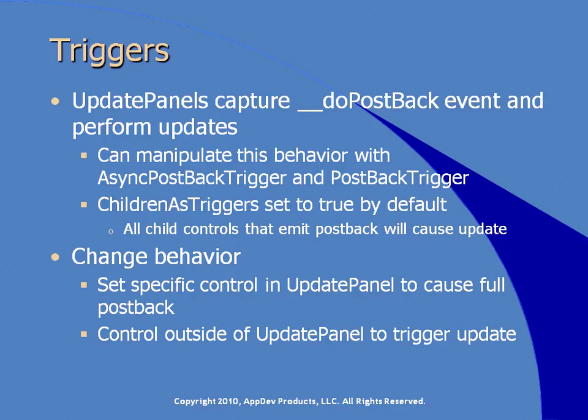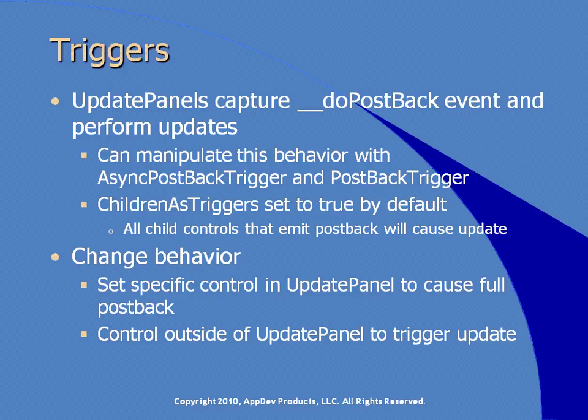Or when a control is outside the content template of the update panel, and you want the postback functionality of that outside control to refresh the update panel. Then you can accomplish this with an async postback trigger.